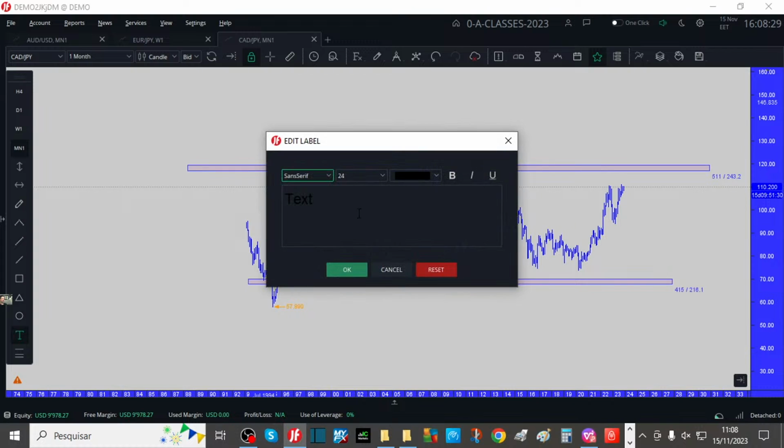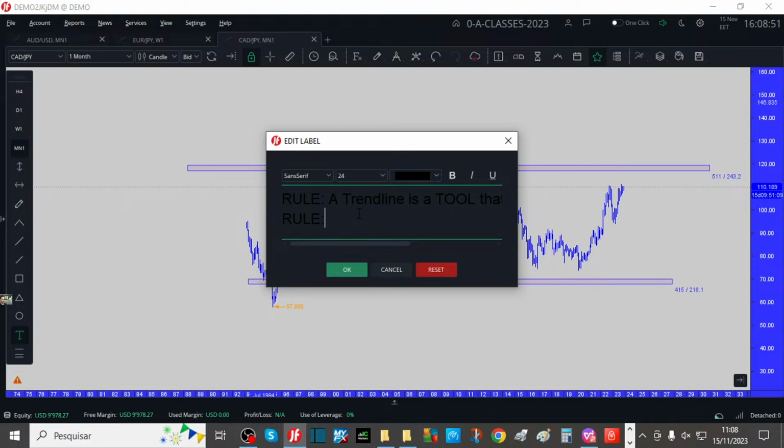All right. Now, a trend line is a tool that confirms a trend. It's a rule. A trend line is a tool that confirms the trend.